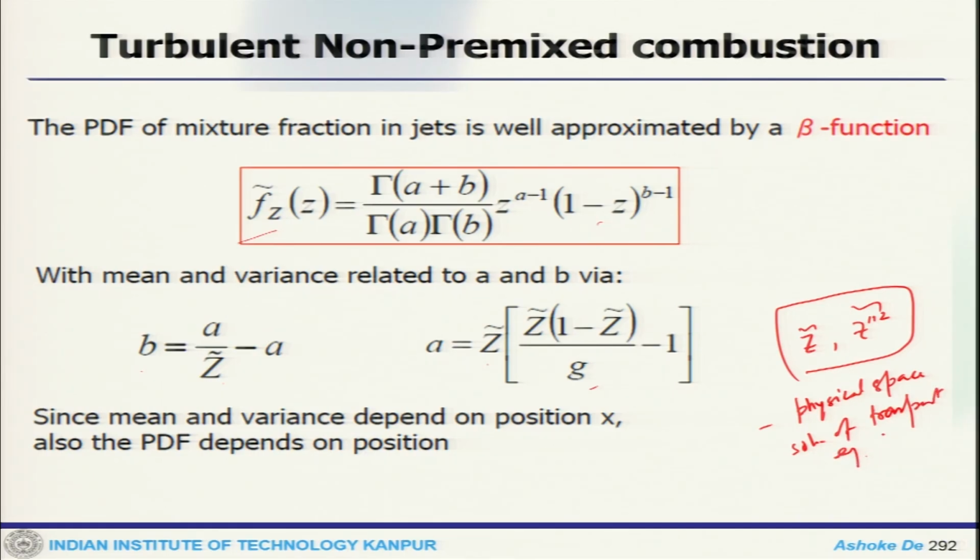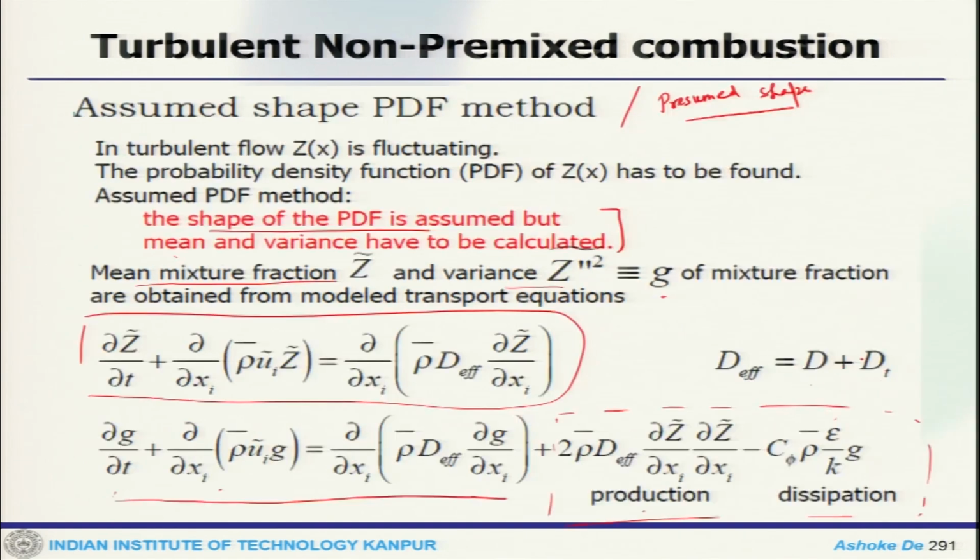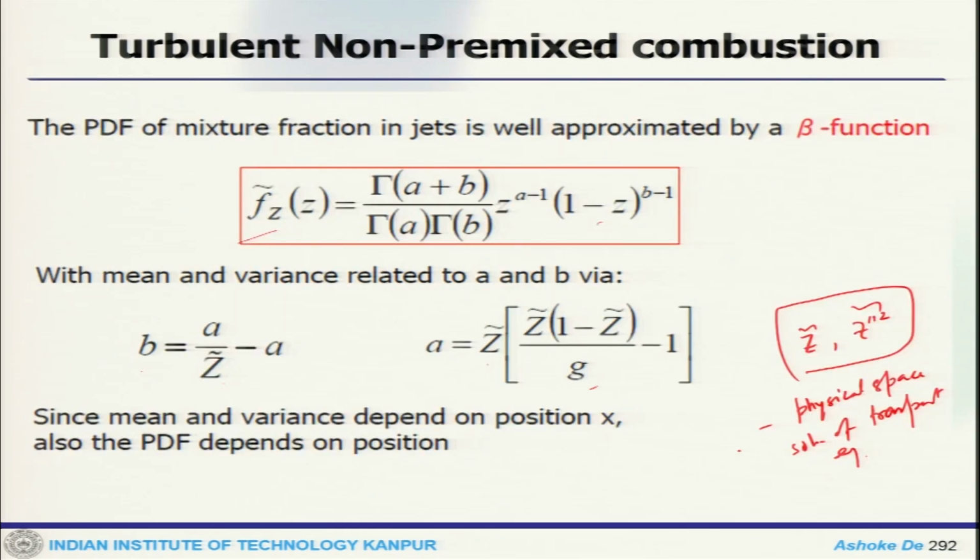And now you can see in the physical space, as these are evolving, because they have an unsteady effect, they have convection, they have diffusion, and G also has some source term. So, their evolution is not going to be very unique.